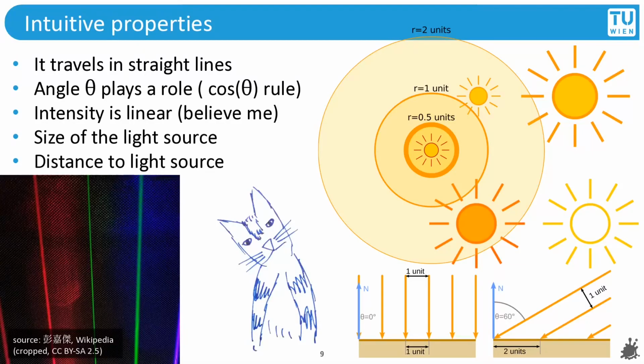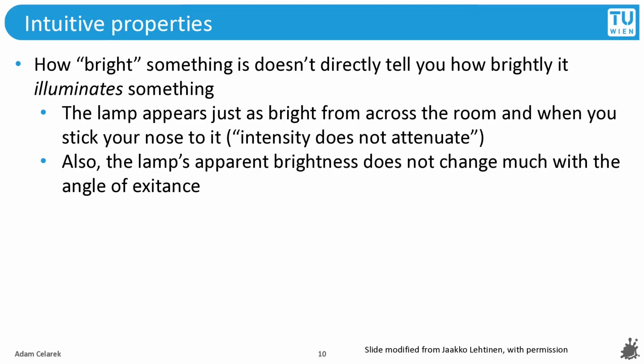Okay, but how should we put all that into a coherent framework? We have to focus on what's important, the brightness of a certain point on my surface. How bright something is doesn't directly tell you how brightly it illuminates something. Usually, I would show you this in the lecture room by bringing a large lamp and telling you to form a shield with your hands with a small hole.